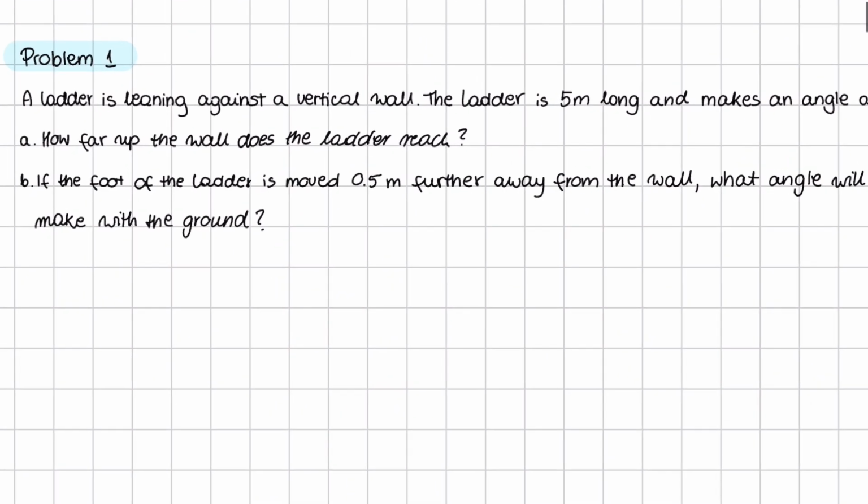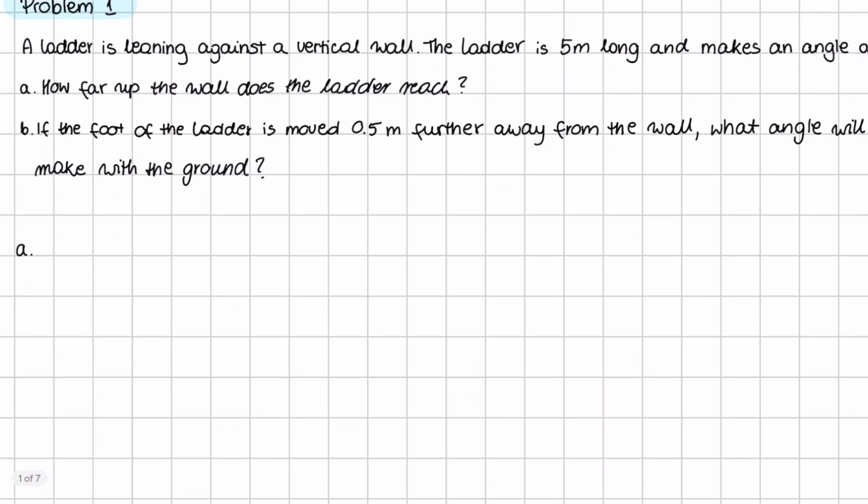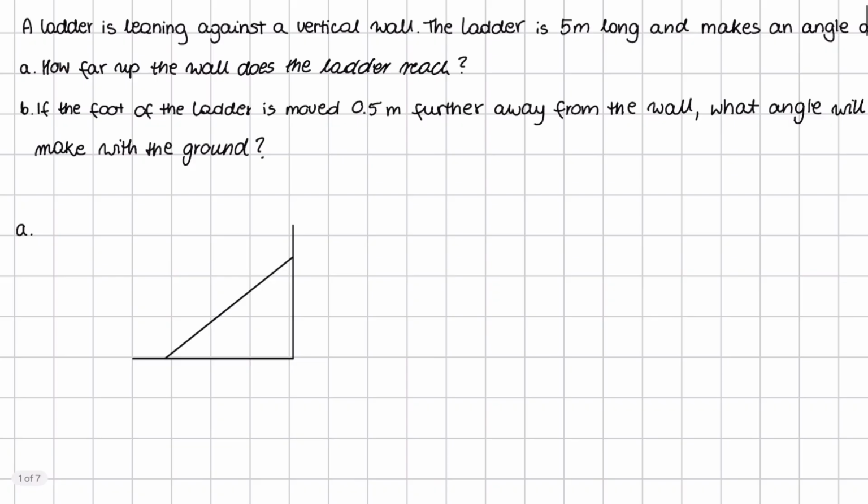So let's firstly draw our situation. So here we have the ground, here we have our vertical wall, and we have a ladder that is leaning against a vertical wall. So we know how the ladder lies.